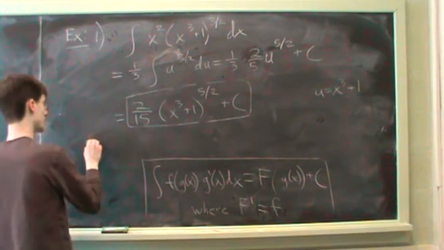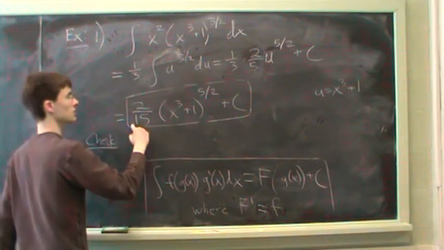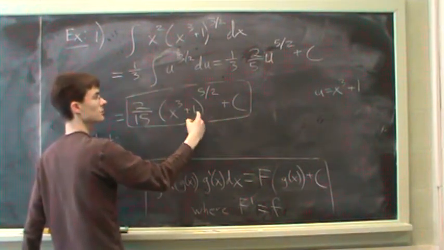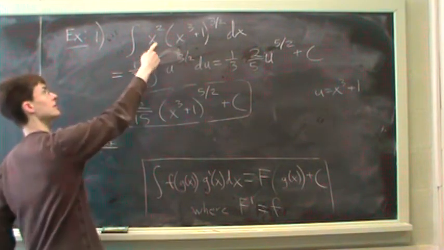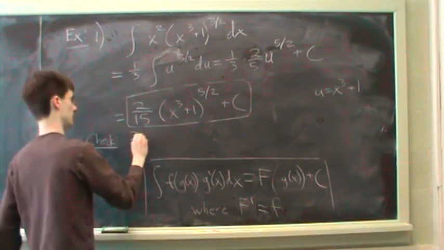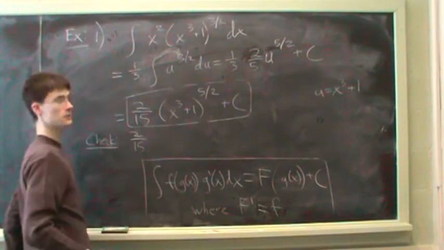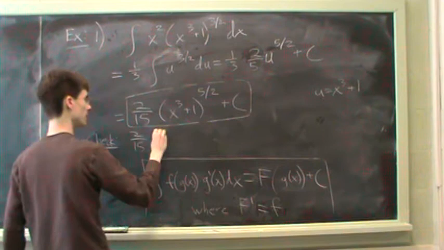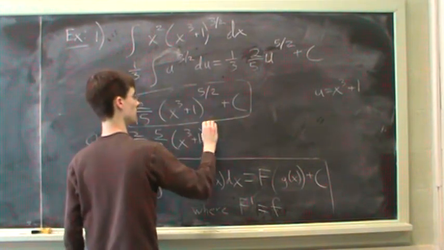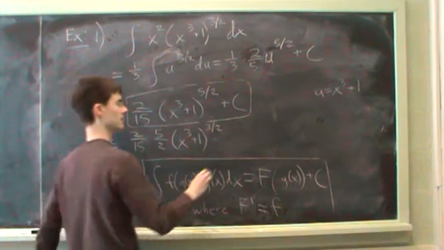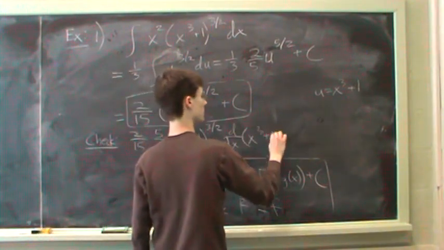If I wanted to check that that works, I would differentiate 2/15 times x cubed plus 1 to the 5/2 plus c with respect to x, and I should get my integrand. So I would basically have to use the general power rule, and I would pull down a 5/2, keep the inside the same, reduce the exponent by 1, and then multiply by the derivative of x cubed plus 1.